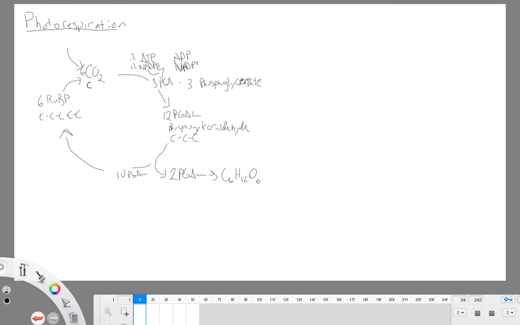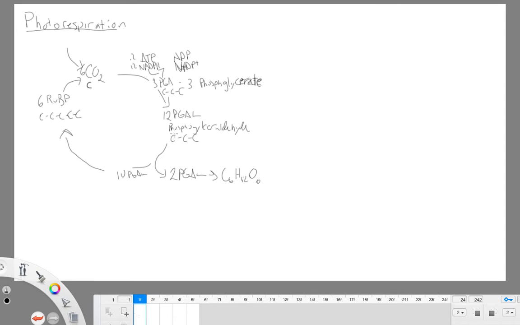Again, my handwriting is awful, but that's technically the first molecule that's created, 3-phosphoglycerate. And this guy is a 3 carbon one as well. And then there's a couple other intermediate steps, but eventually we get to this PGAL.